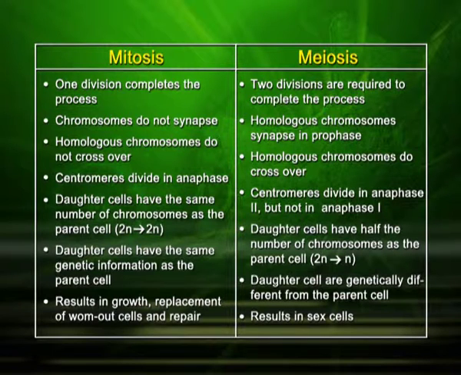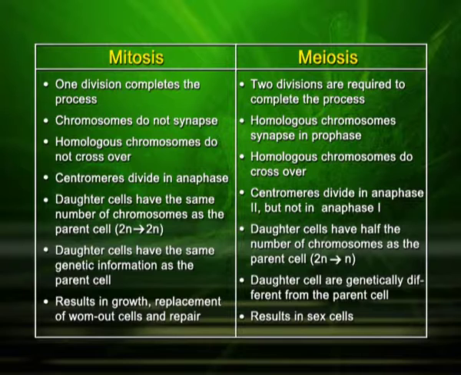Centromeres divide during anaphase in mitosis, whereas in meiosis, centromeres divide in anaphase 2, but not in anaphase 1. Daughter cells in mitosis have the same number of chromosomes as the parent cell. A diploid cell gives rise to a diploid cell, whereas in meiosis, daughter cells have half the number of chromosomes as the parent cell.